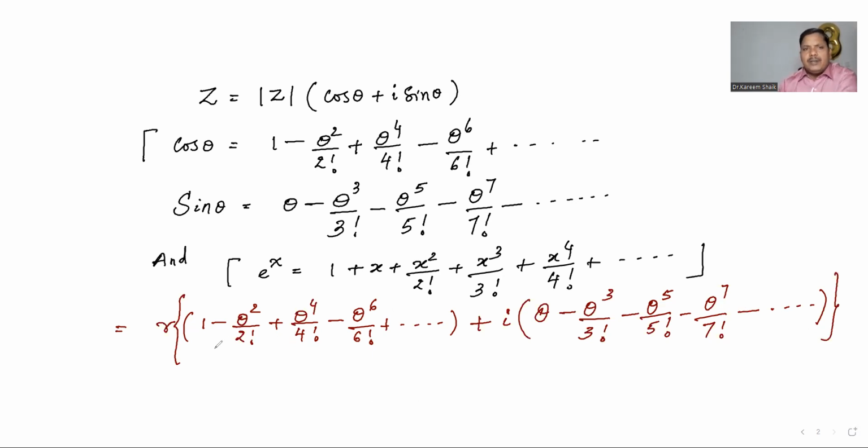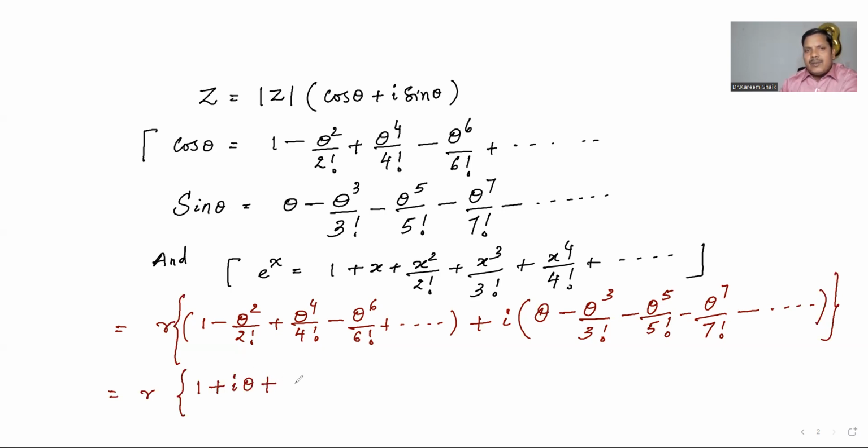Observe very carefully here. Can I write it as r times 1, then iota into theta? I am rearranging the terms just now. Iota times theta, can I write plus iota theta? Next, the minus term I want to make plus.